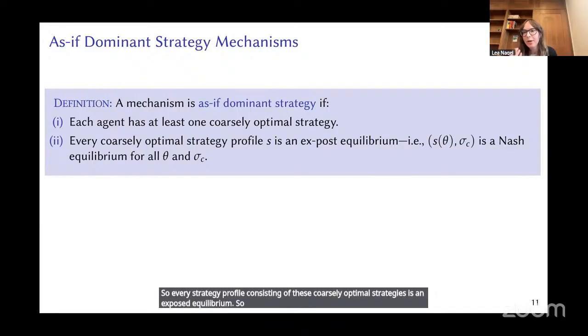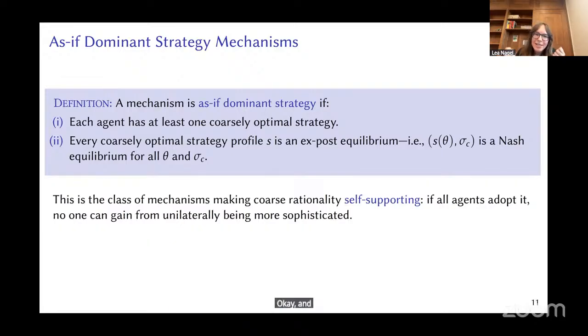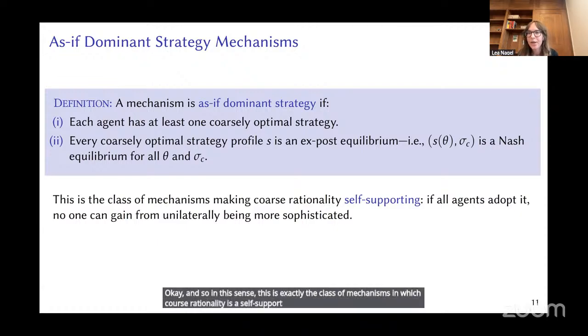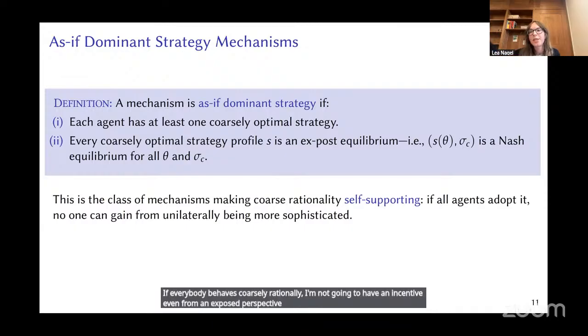So it's a Nash equilibrium for every type profile and for every chance behavior. In this sense, this is exactly the class of mechanisms in which coarse rationality is a self-supporting heuristic. If everybody behaves coarsely rationally, I'm not going to have an incentive, even from an exposed perspective, to consider the additional behaviors that are actually available under the finer information disclosure policy that the mechanism might have.